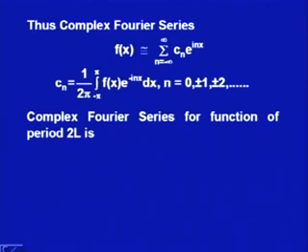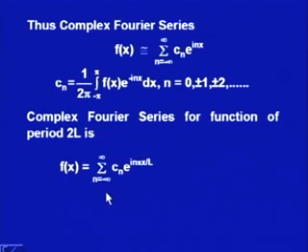This is called the complex Fourier series, which we have obtained for a function of period 2 pi. Now, on a similar trend we can write for a function of any period 2l. What I have to change is, do you remember, it used to be cosine n pi x by l and so on.